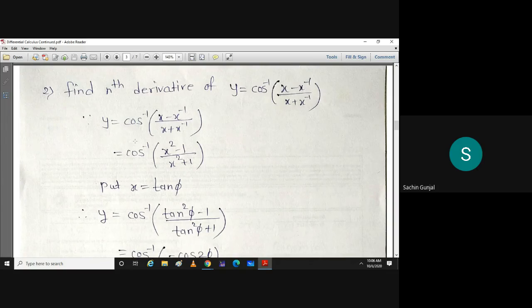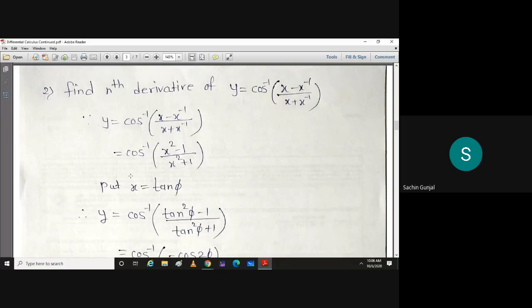So our target is to get rid of this cos inverse. That means inside this bracket, we should have cos, so that cos inverse and cos will be identity map.